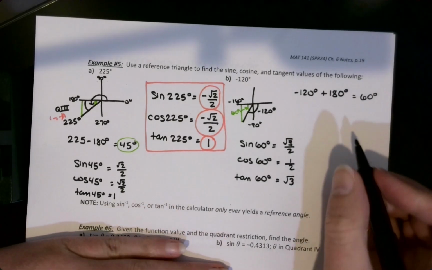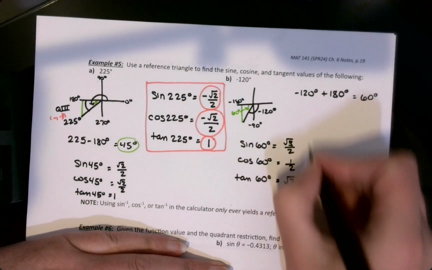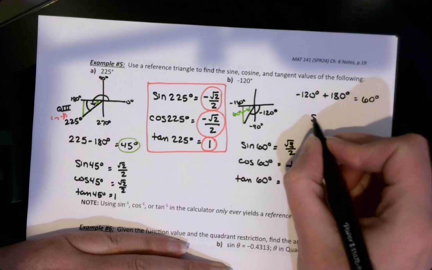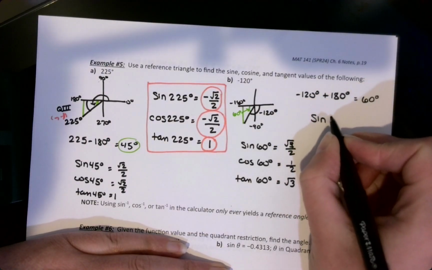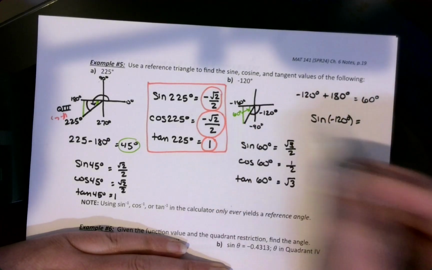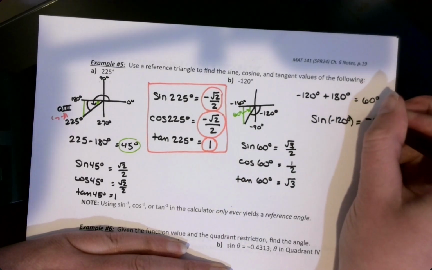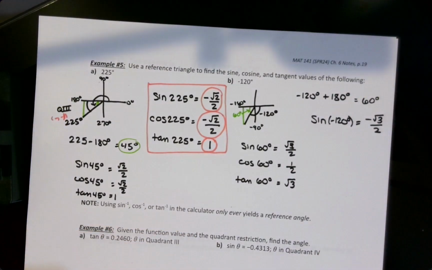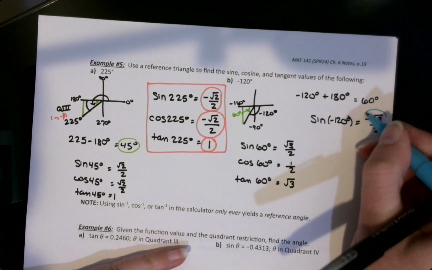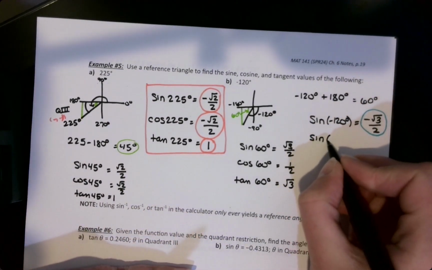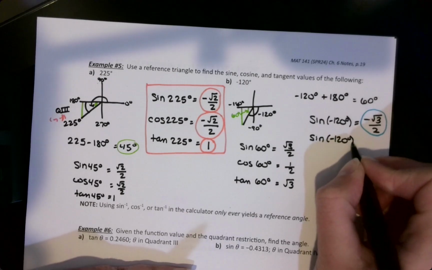And so the values that I actually want will be these with positive and negative sign adjustments. So the sine of negative 120 degrees, since we are in quadrant 3 again, needs to be negative. So negative square root of 3 over 2. The cosine of negative 120 degrees.